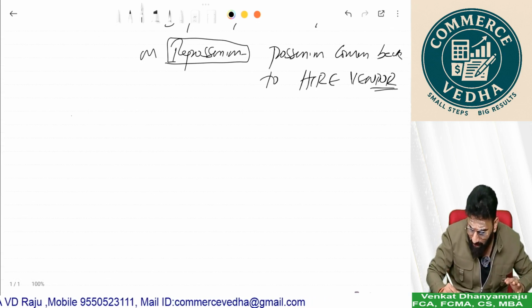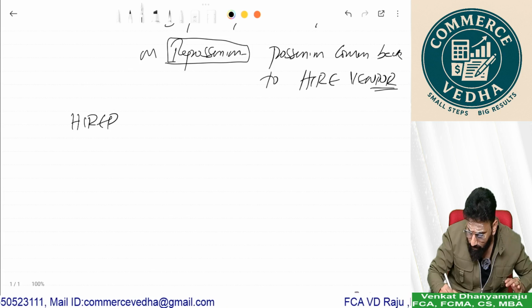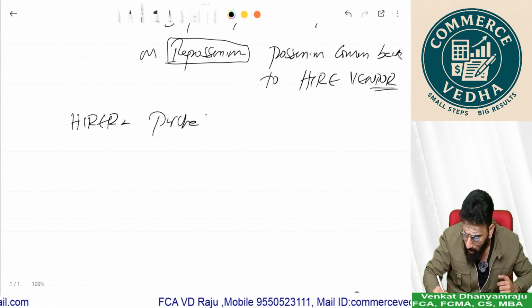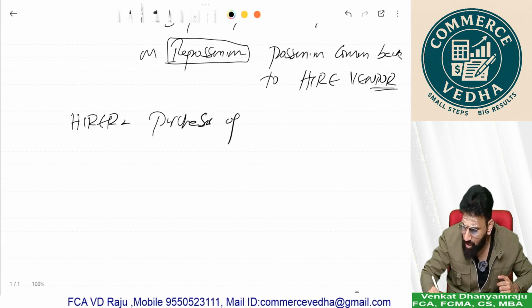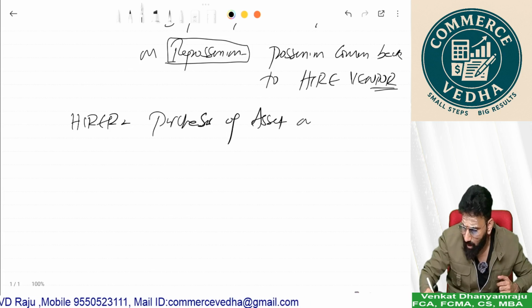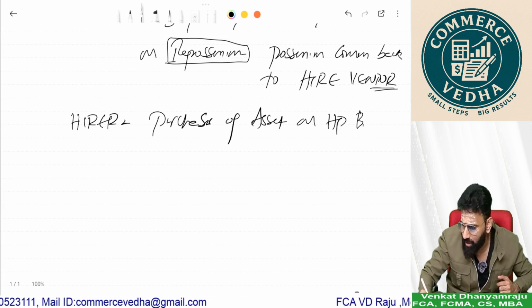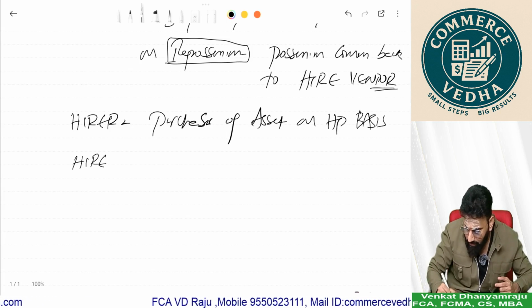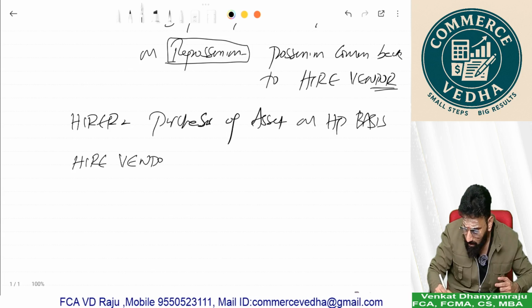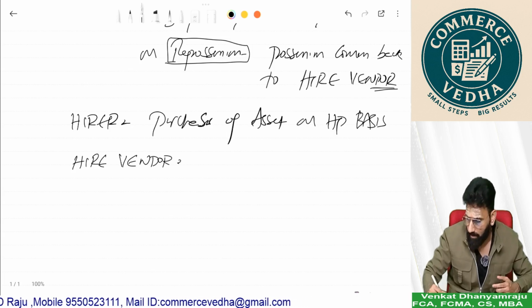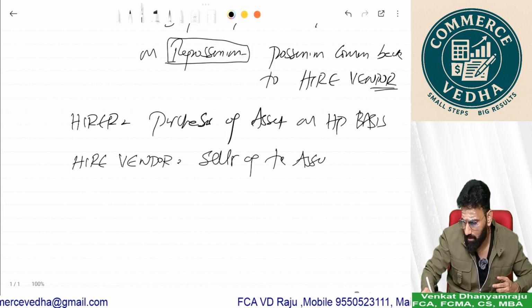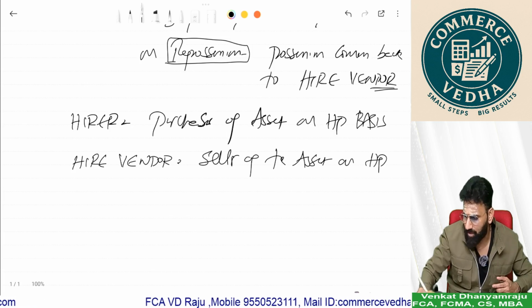Who are the parties? Number one is hirer, means purchaser of the asset on hire purchase basis. Then one is hire vendor, seller of the asset on hire purchase basis.